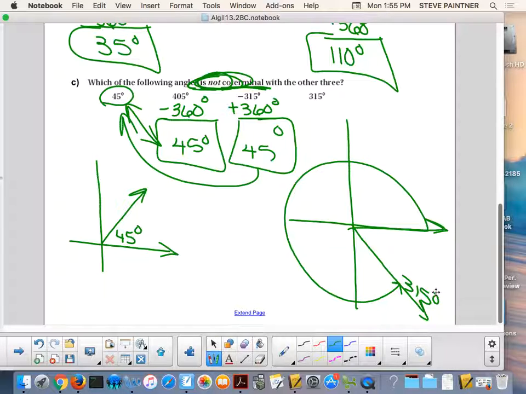In a 45-45-90 triangle, these are special triangles, you don't have to do any work, you should probably know this. Whatever this number is, times square root of 2. The hypotenuse is the leg times square root of 2.